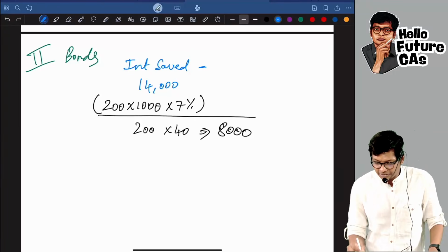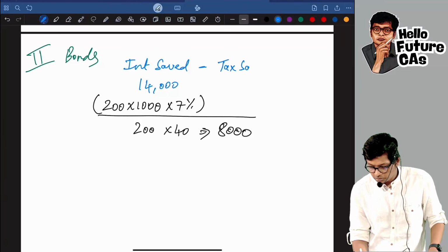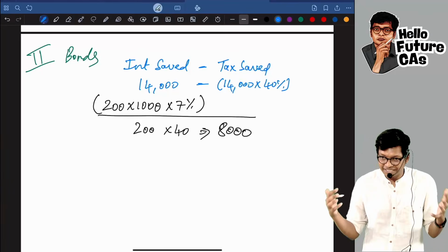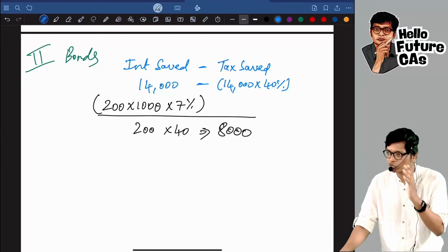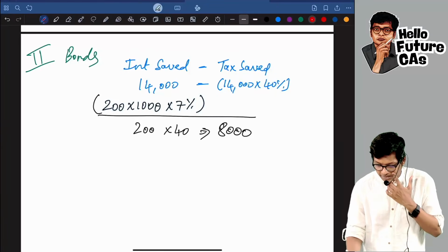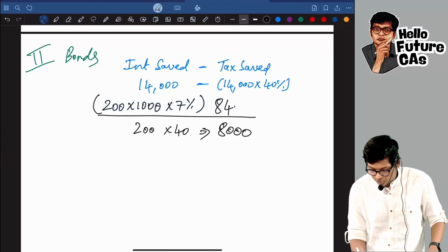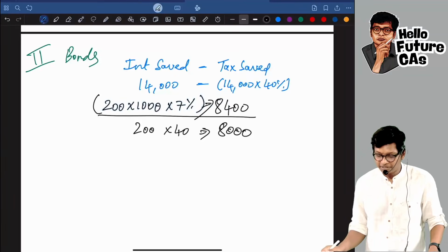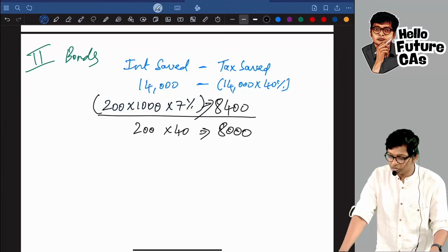What is the tax in this question? So minus 14,000 into 40%. Of course, you can net it off. You can write the final answer, guys. You show the breakup wherever you want. How much are you getting, guys, now? 8,400 is the net amount. 14,000 minus 14,000 into 40%.